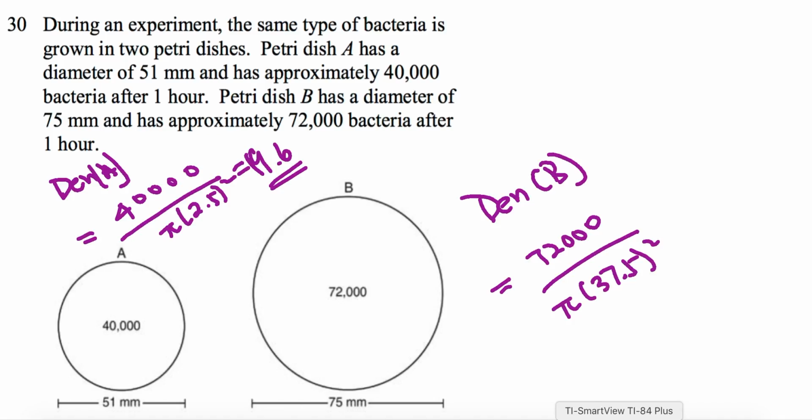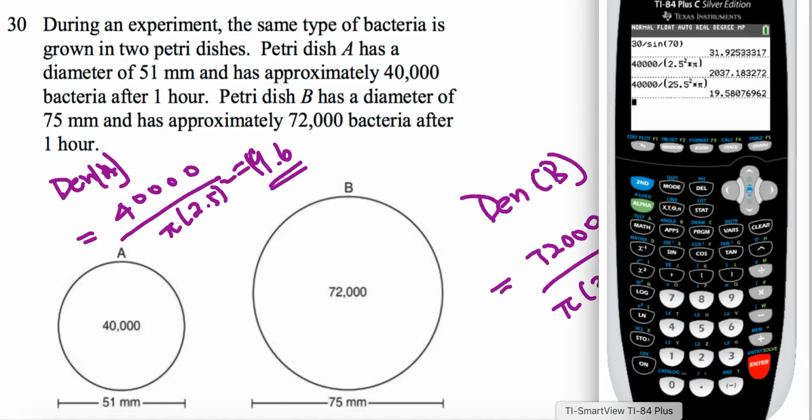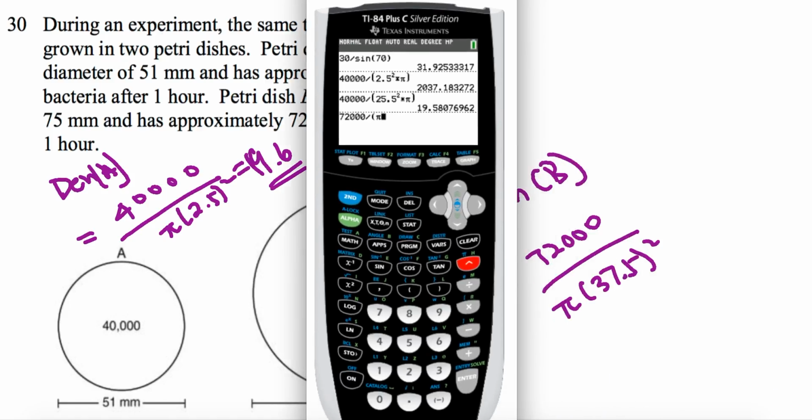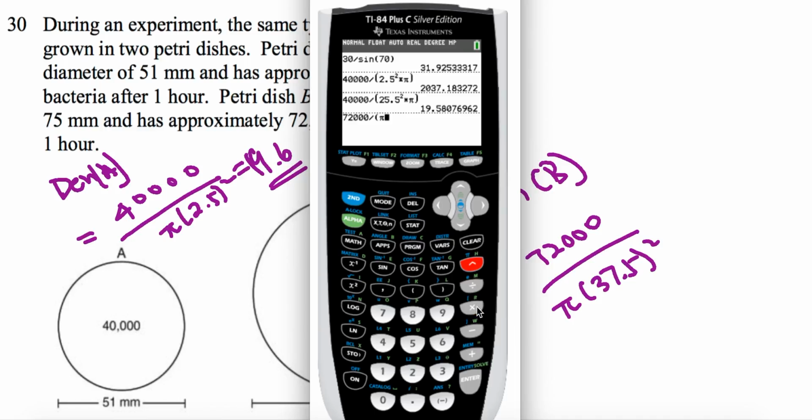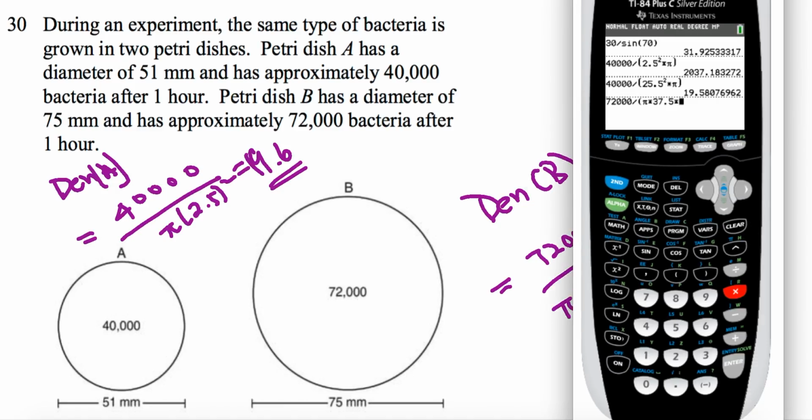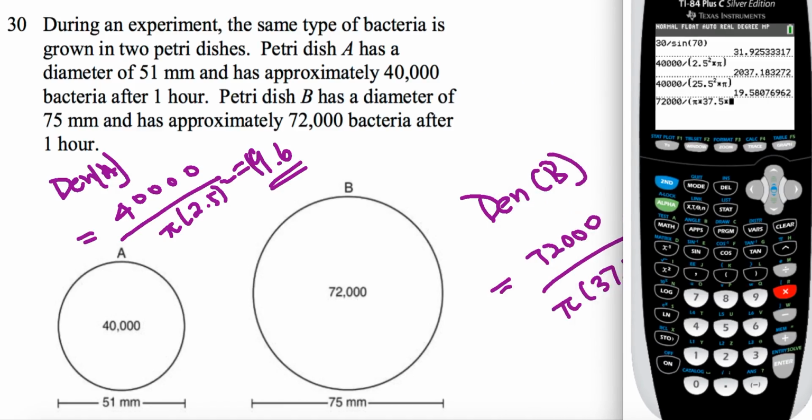So then here I'm going to put that into the calculator. 72,000, and we are dividing that by pi, and then 37.5 squared.